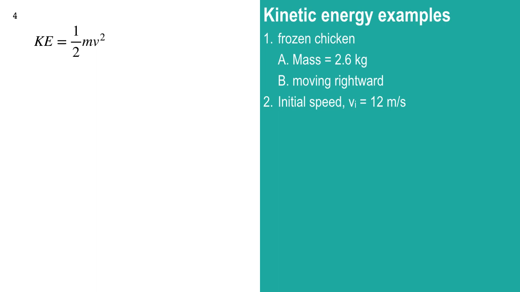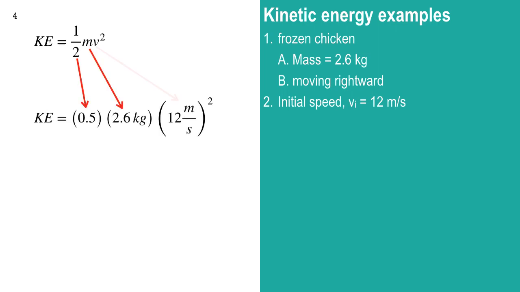Okay, just to reinforce. Now, the main formula for that, the generic formula, is 1/2 mv squared. And so what you do is you plug in the numbers that you have, 0.5, 2.6 kilograms for the mass of the chicken, and then 12 meters per second quantity squared.